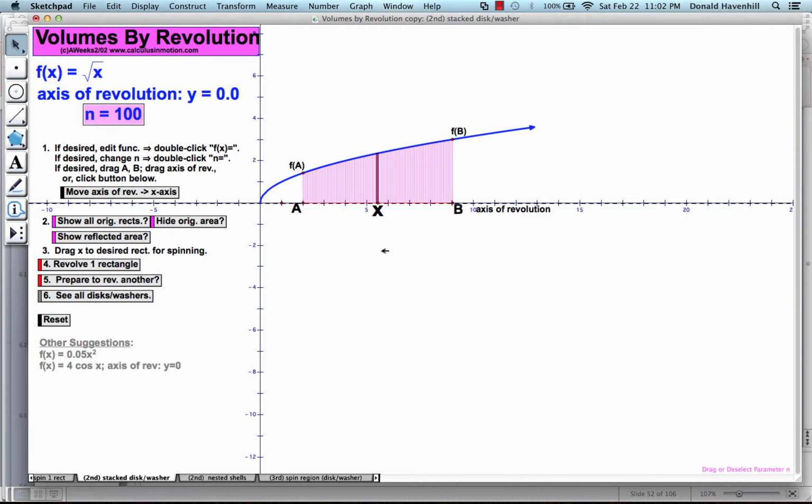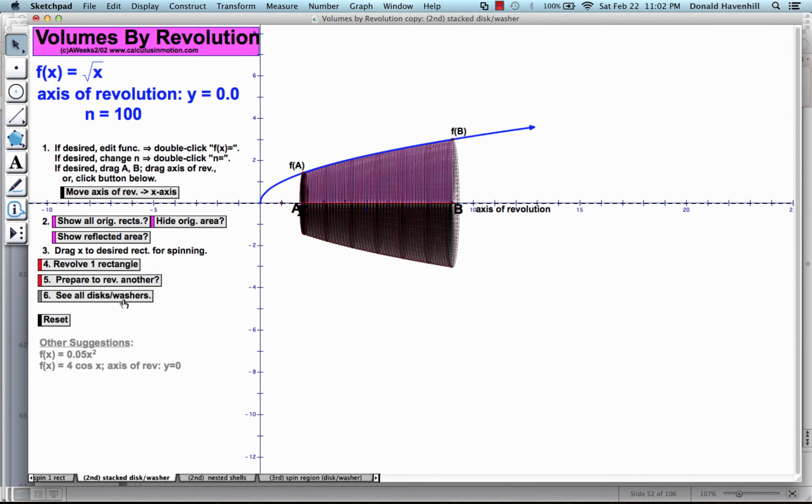The area of the circle is still going to be the same, but my thickness is getting thinner and thinner. And as I add up all of those disks, my approximation is getting closer and closer to the actual volume, the exact volume.